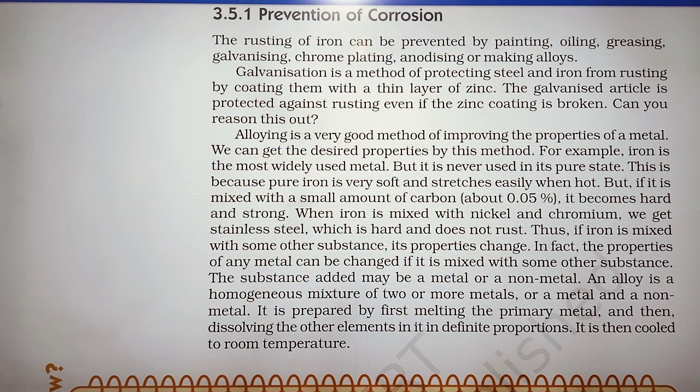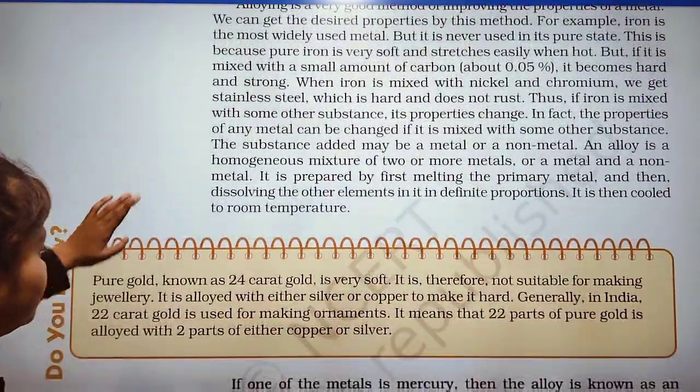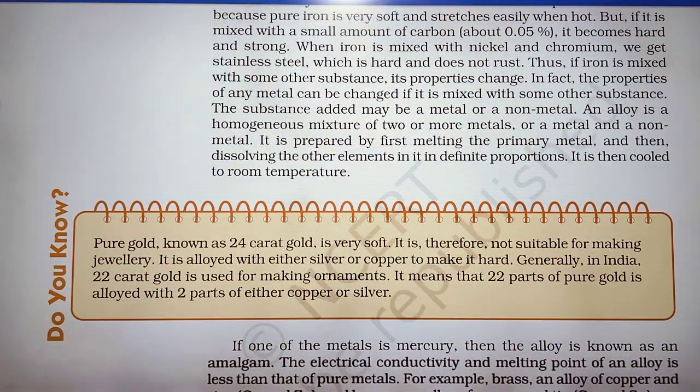Also we can see the example of gold. Pure gold is known as 24 carat, but it is very soft and not suitable for making jewelry. It is alloyed with either silver or copper to make it hard, just like iron, which we make hard with the help of carbon.